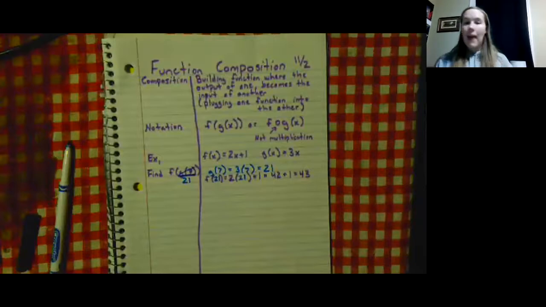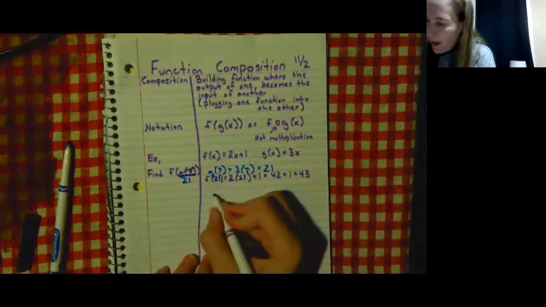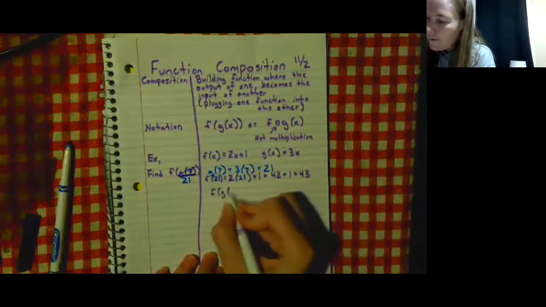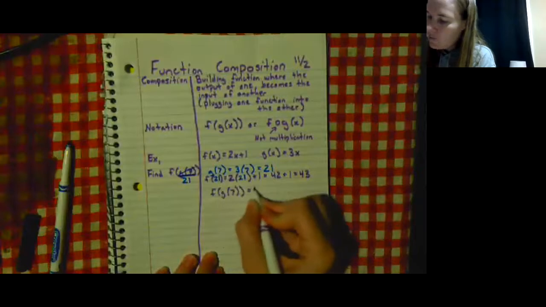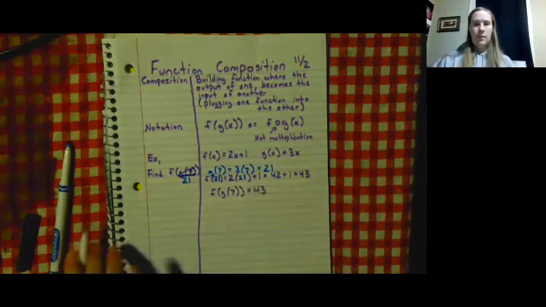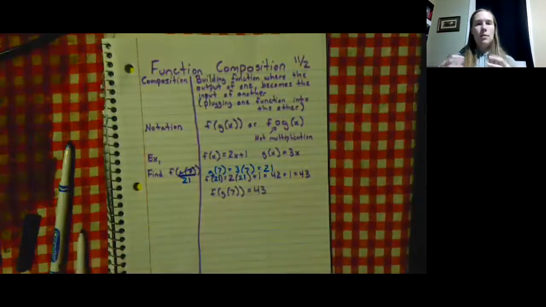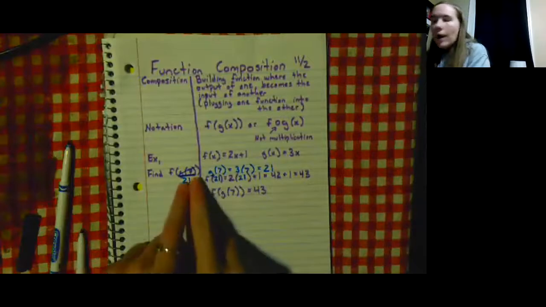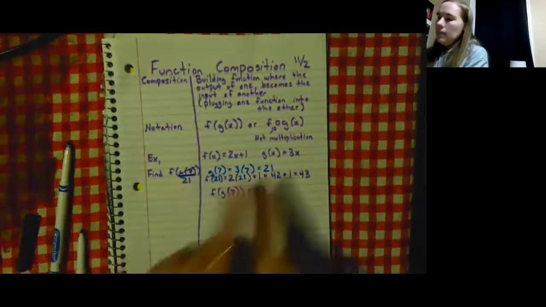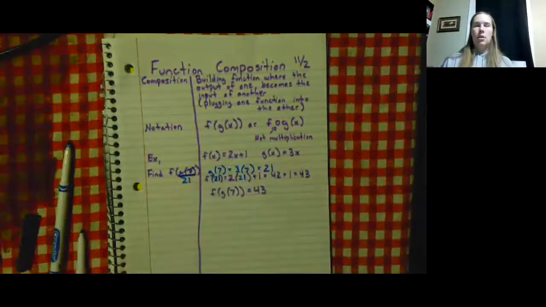So that means my final answer, this f of g of 7, is 43. So function composition is plugging one function into the other function. So we're substituting that in.